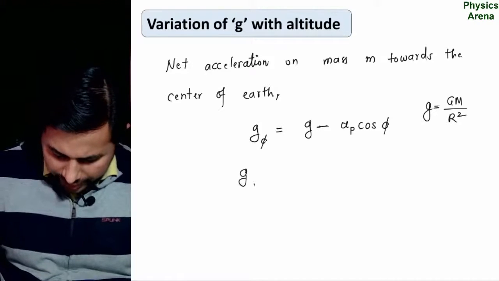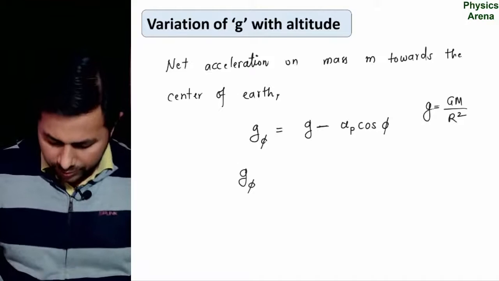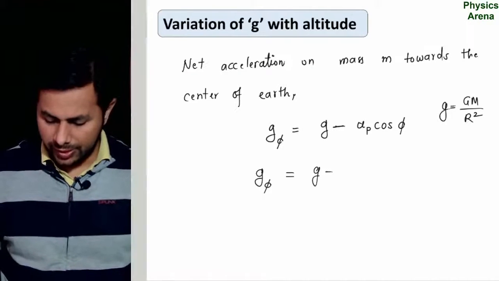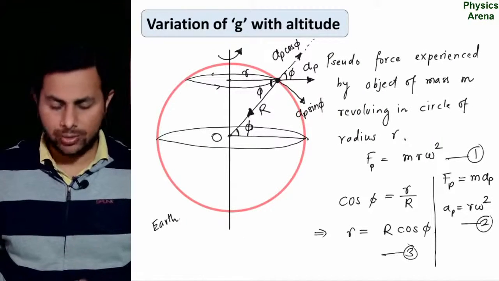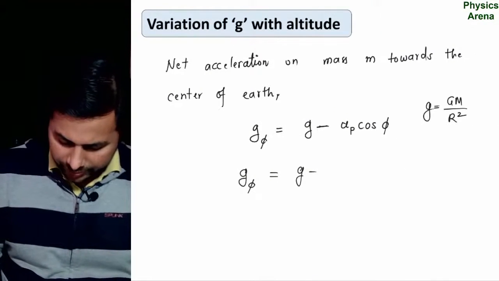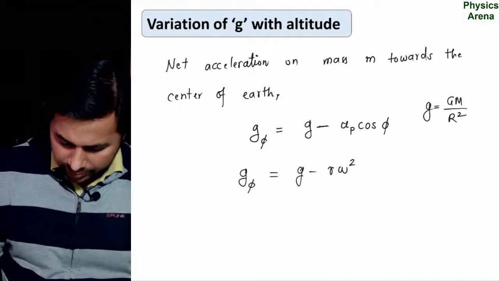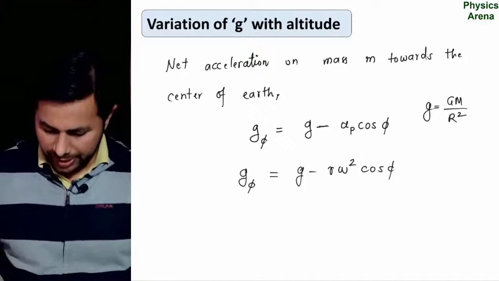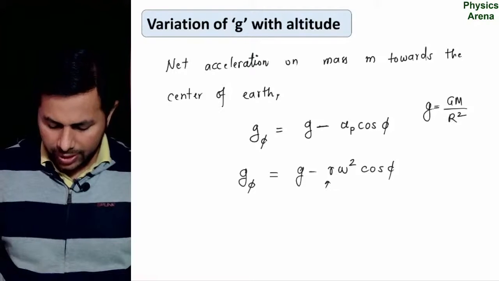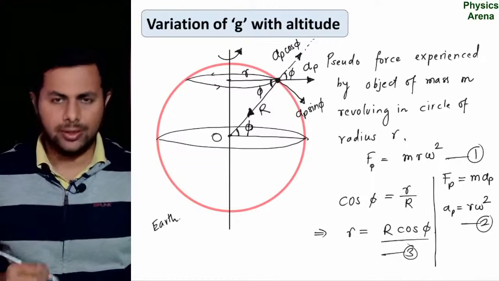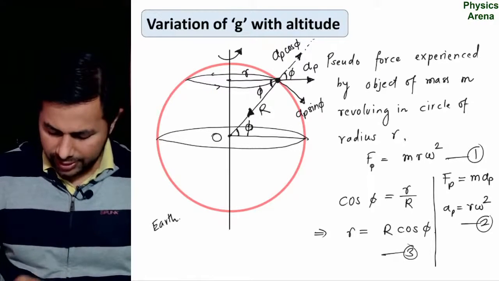So g at altitude phi is equal to g minus A_p cos phi. A_p is small r times omega squared, and small r can be written as capital R times cos phi using equation 3.